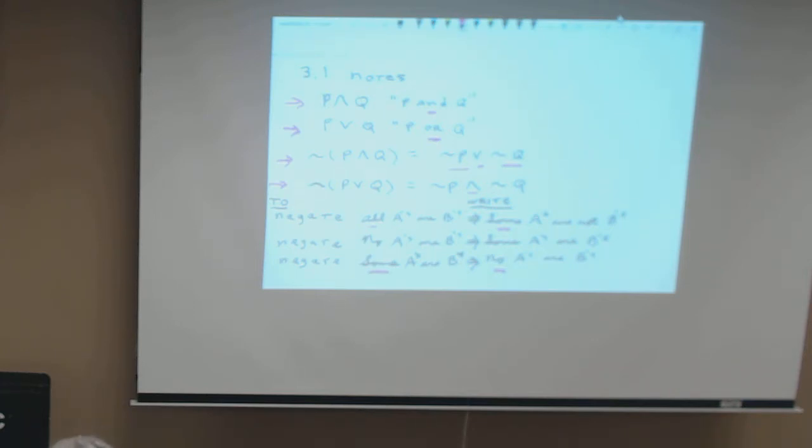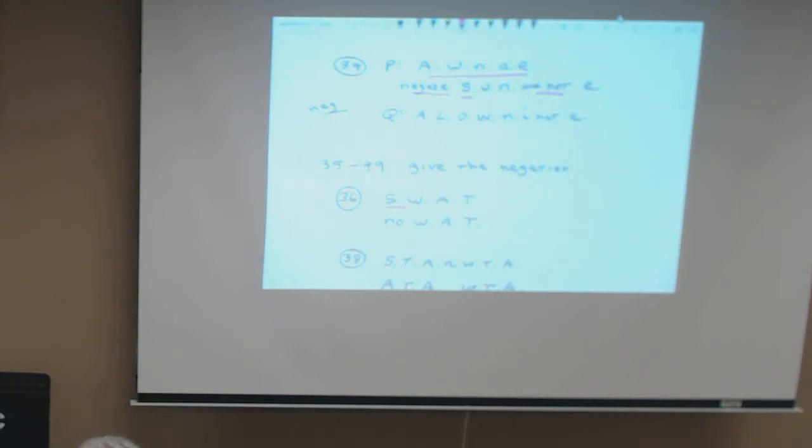No. So what did I just say? Some women are teachers. So how do I negate that? No women are teachers. I know that's not true, but I'm just doing a negation. Since it's true that some women are teachers, then to negate it is going to be a false statement.